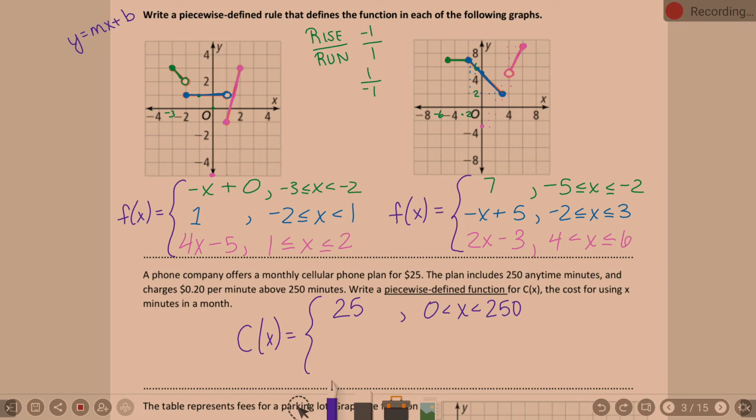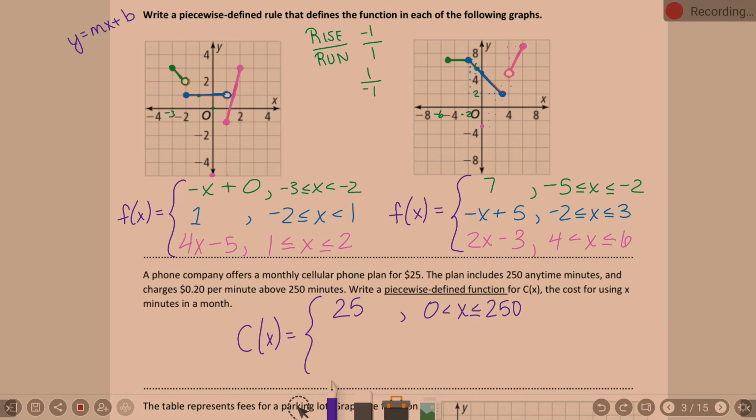Now, with that in mind, equal to's or not. Let's talk about the 250. That's the obvious one. Is 250 included or not included? Yes. This plan includes 250 anytime minutes. So that is a less than or equal to. Now, I would argue 0 could really be looked at either way here.